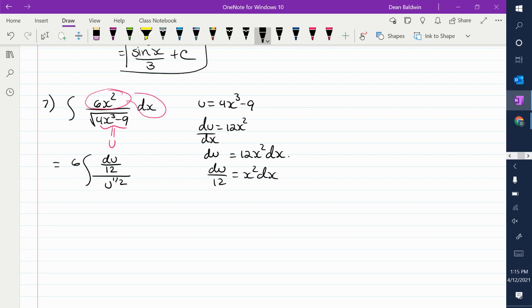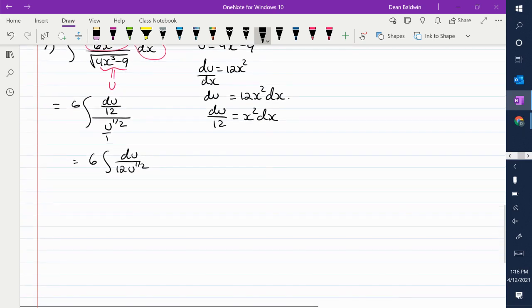Flip the bottom one and multiply, right? So essentially, that's like over 1. So this becomes 6 times the integral. And I'm showing every step. If you're capable, you can do this all in your head to simplify this down.